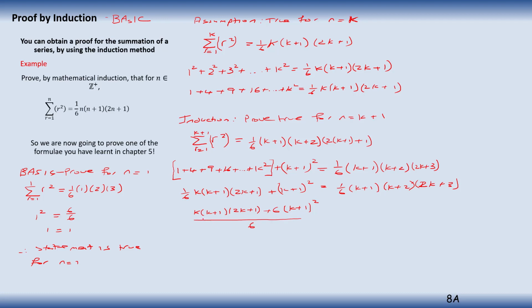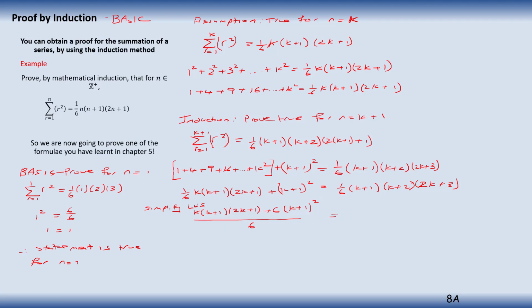Now I'm just wondering if I've got enough room to prove this. Let's simplify the left hand side. So I'm simplifying the left hand side, so I'm ignoring this right hand side for now, because I'm going to run out of room, I'm afraid.